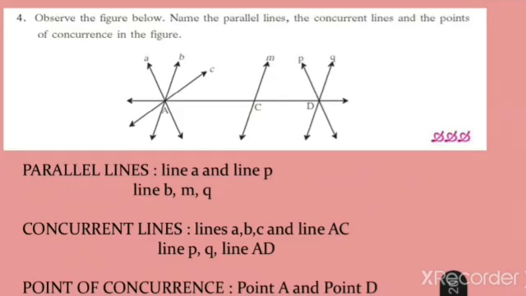Question number 4. Observe the figure below and name the parallel lines, the concurrent lines and the points of concurrence in the figure. Parallel lines, the lines which will never meet. That is, line A and line P are parallel to each other.